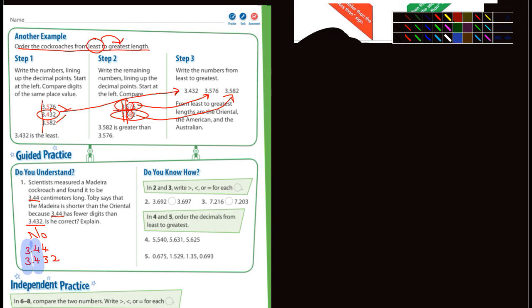Oh, now here we have a difference. There's a 4 and there's a 3. So which one's larger? This one's larger. Even though this one has more digits, it is the smaller of the two. All right. So you can explain that any way you want.